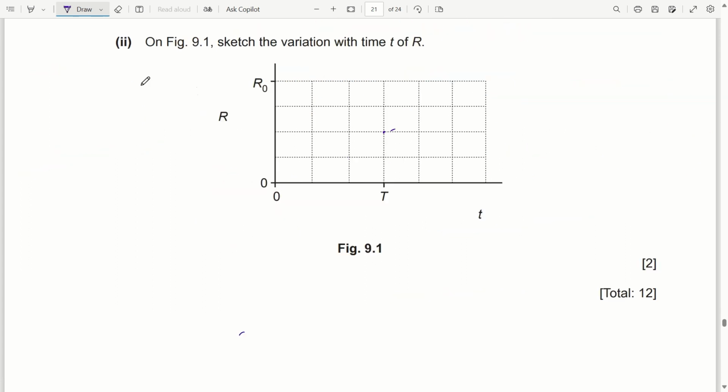Next question. Second question, sketch the variation with time T of R. On the y axis it is R and on the x axis it is time T, which is half life. We know that after a half life the sample becomes half, so the rate of decay will become half, and the rate of production of gamma rays will also become half.